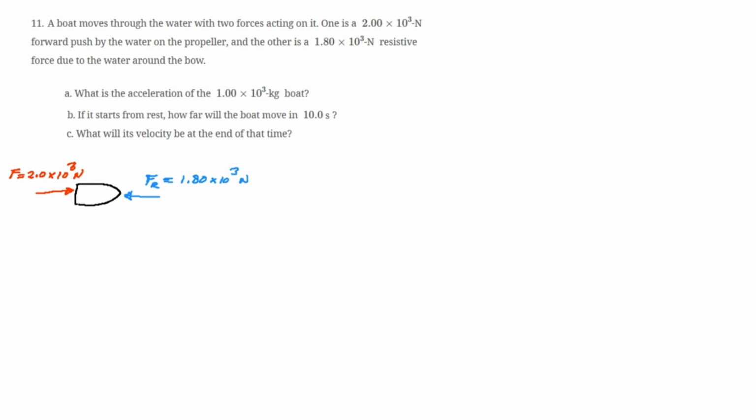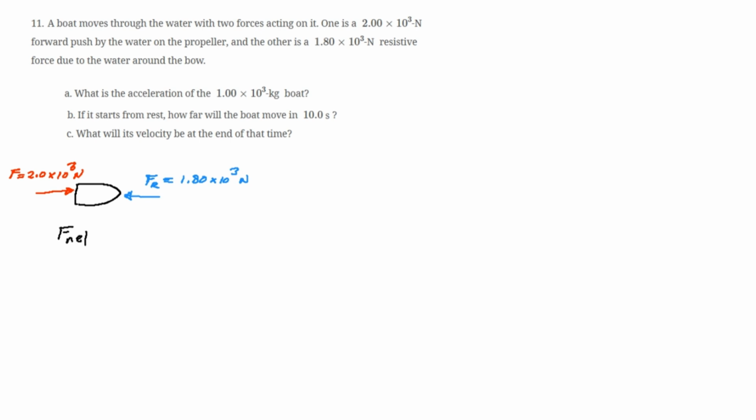So what we have to understand is that in this case there is a net force, or an unbalanced force. Let me put this in black, better. So I have this unbalanced force, or net force.